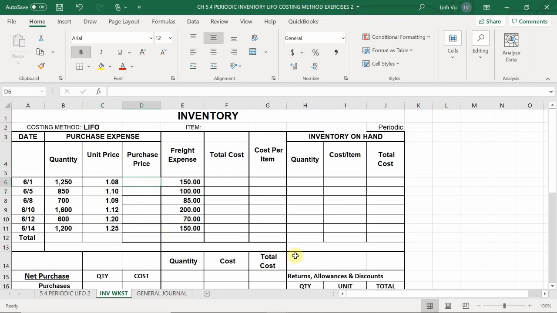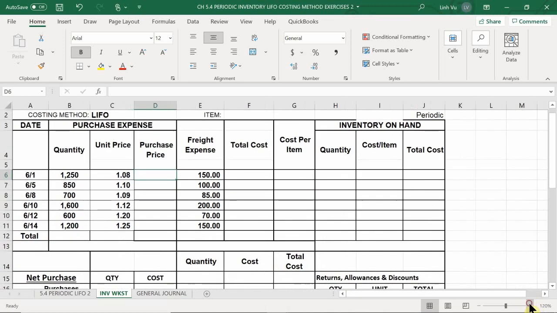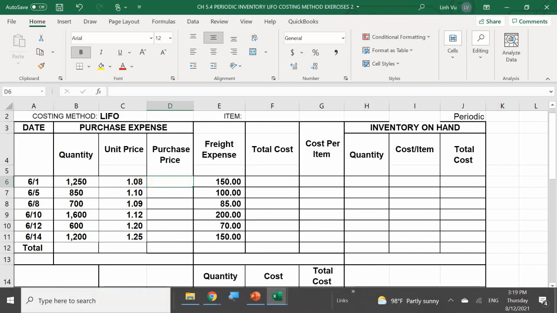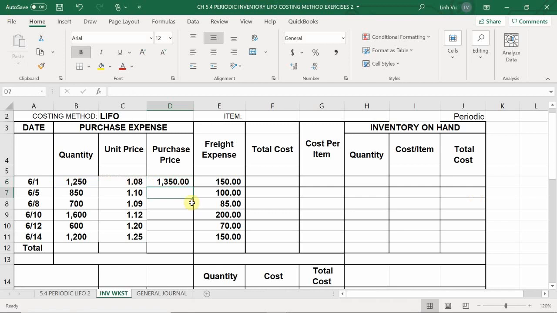In this case, our assumption is we do not have any beginning inventory. If we did, I would have already plugged that number in there. So on June 1st, we purchased 1,250 units at $1.08 each. What is my total purchase price going to be here? $1,350, good.